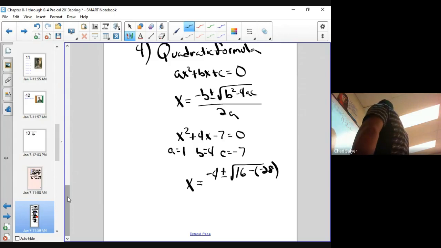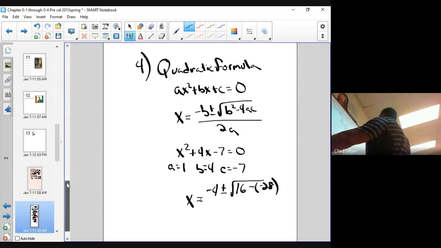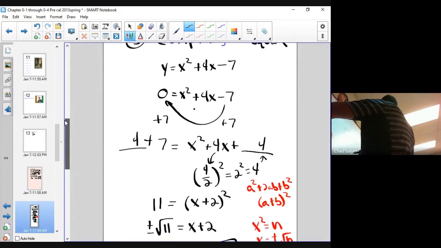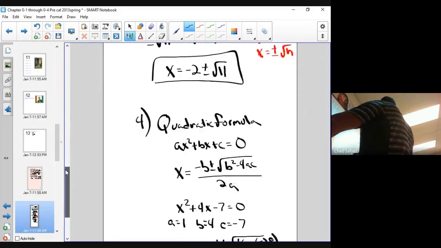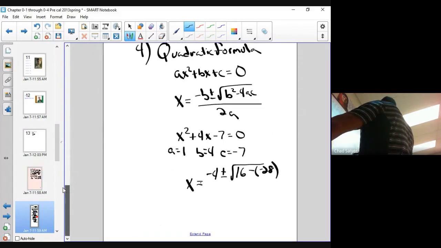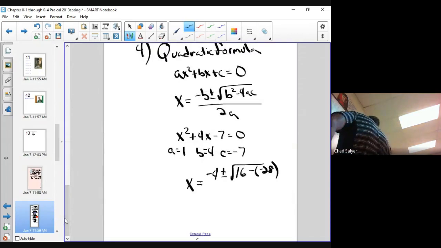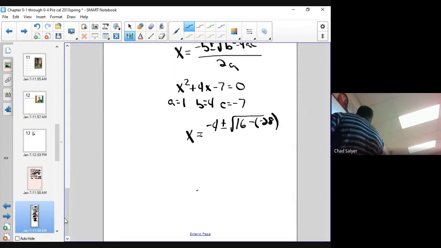Let's see, 4 times a times negative 7. Just checking something real quick here. Okay, so it's going to be over 2 times a, which is just 2.